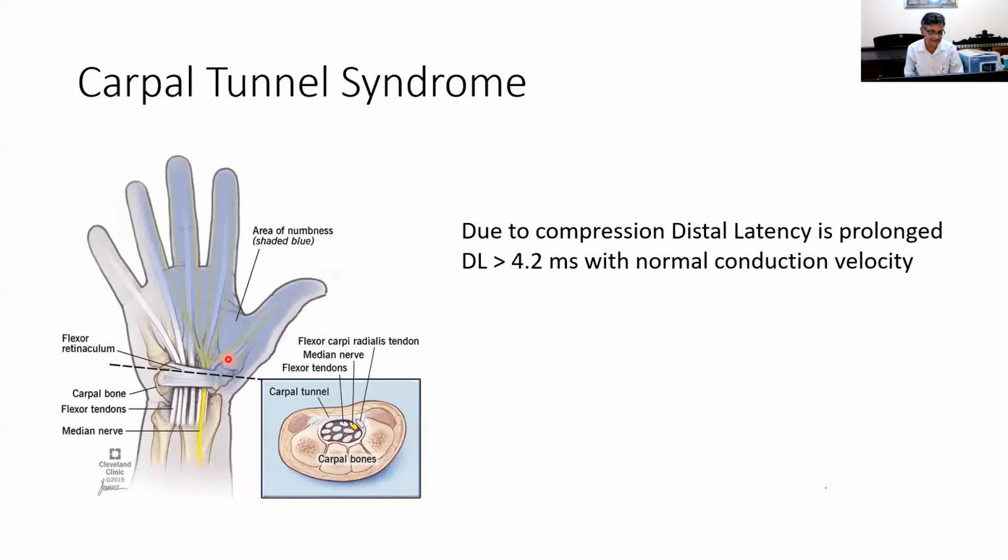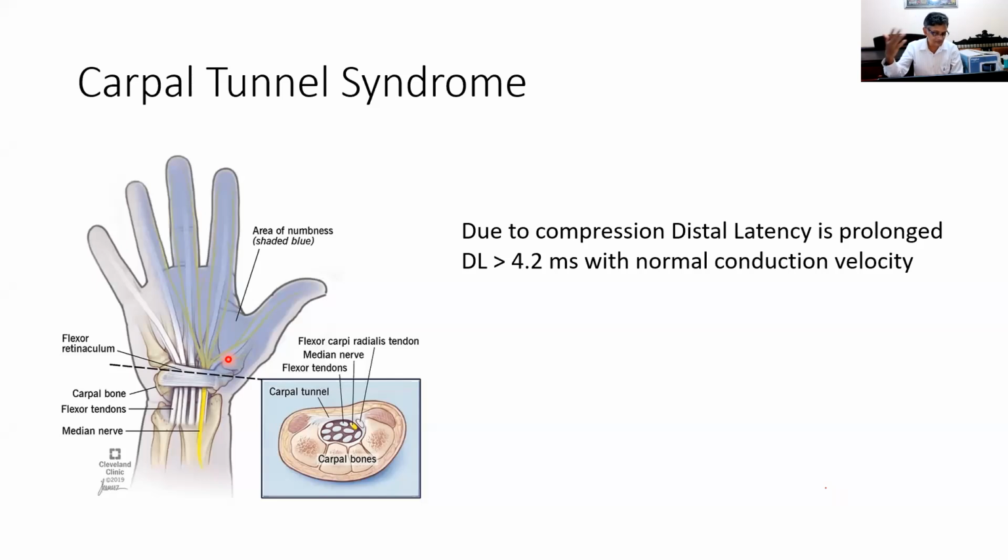The difference, right? Ulnar nerve, if it is say 2 milliseconds and the median nerve is 3.6 milliseconds, the gap is how much? 1.6. So that is evidence of median nerve compression.